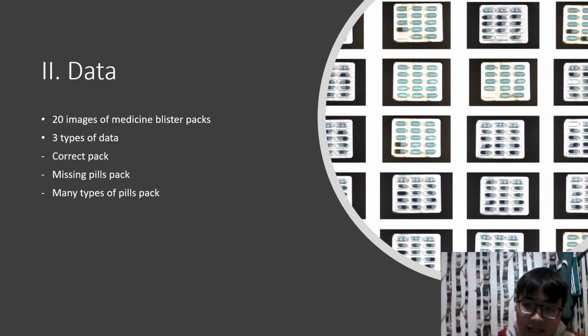The constraint here is having no training model for using an AI model in the process. We worked on this dataset with only one type of blister pack. Therefore, our solution may not be useful in other environments and with other blister packs.